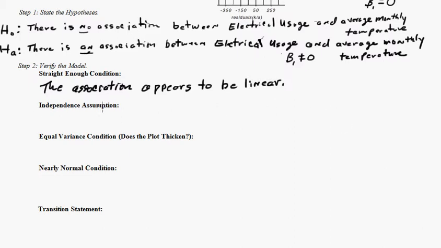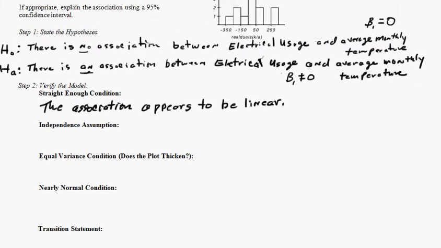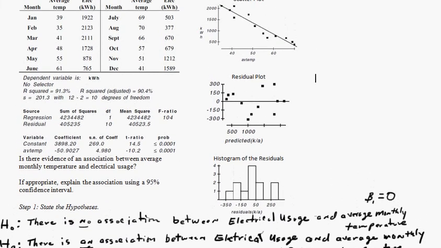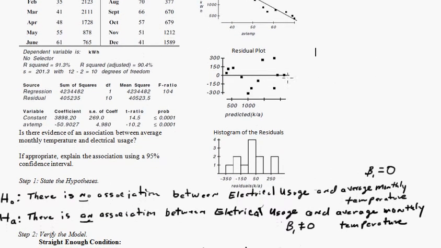Now, an independence assumption. There we need to have a random sample and a representative sample, but we have to go further since we're looking at two variables. We want to make sure that we have random scatter in the residual plot. There are only 12 points. It would be nice if we had a couple more, but we don't. But in general, I don't really see a pattern.